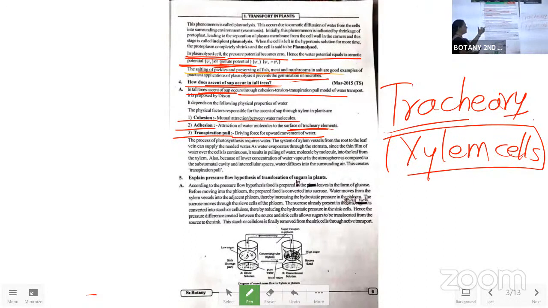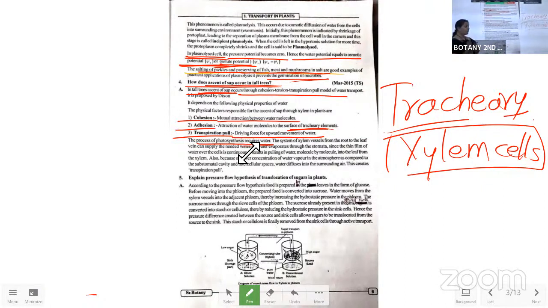That's the one we can say as the cohesion adhesion theory. So in the complete process of the transpirational pull, water is needed by the plant body for which process? The major one is photosynthesis.